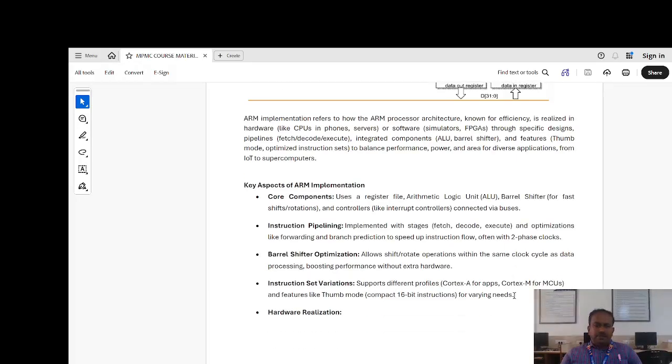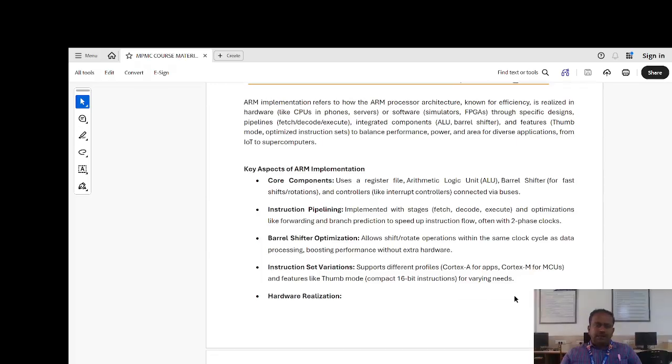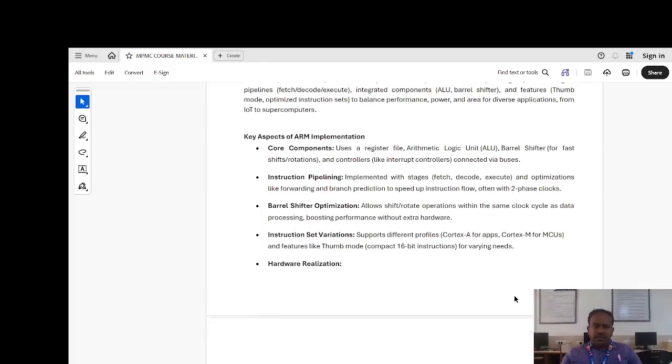Then barrel shifter optimization: it allows shift or rotate operations within the same clock cycle as the data processing, boosting performance without extra hardware. Then instruction set variation. It supports different profiles, that is different versions of the processor: Cortex-A for applications, Cortex-M for MCUs, and features like Thumb mode, a compact 16-bit instruction set for varying needs.